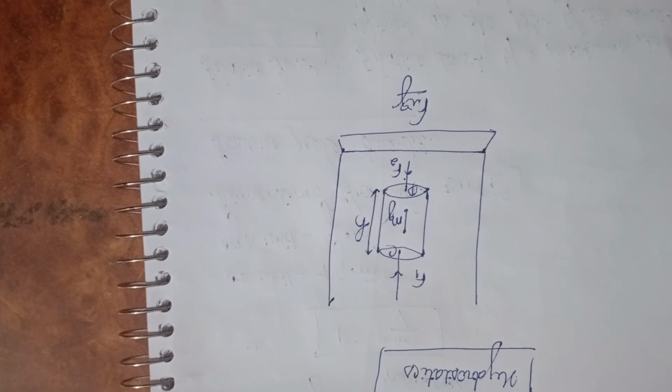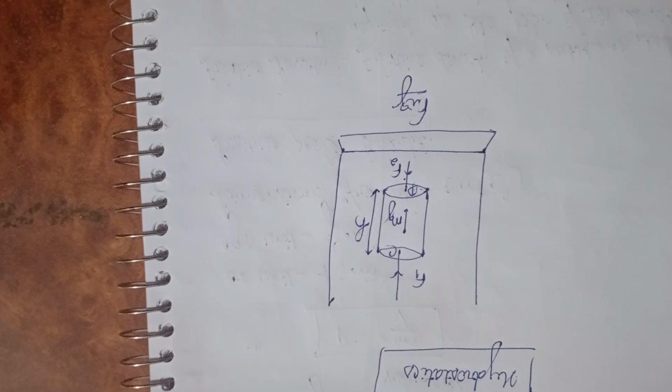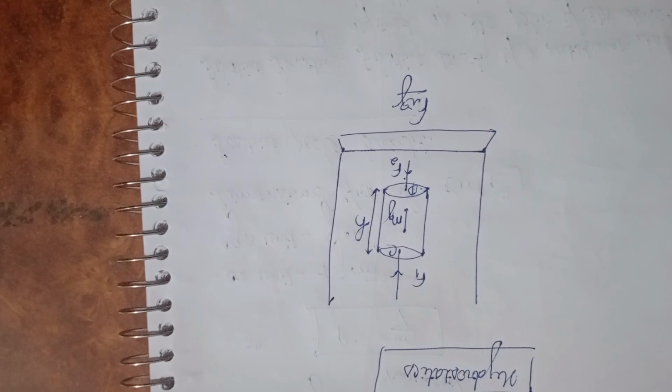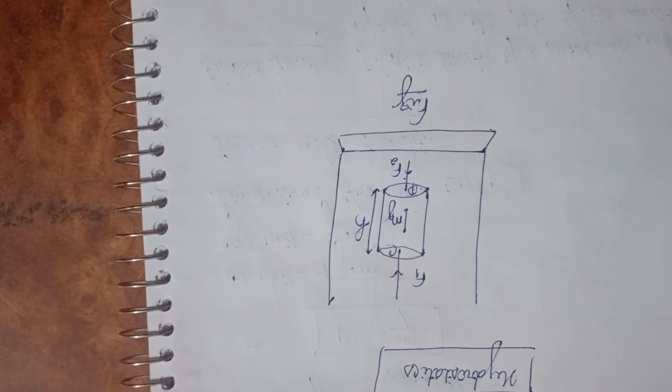This shows that the total pressure P at depth h below the surface of liquid at rest, which is open to atmosphere, is greater than atmospheric pressure by an amount equal to H rho g. This excess of pressure at depth h in liquid, P minus PA is equal to H rho g, is called gauge pressure at point D. Thus, gauge pressure at a point in a liquid is the difference of total pressure at that point and atmospheric pressure.